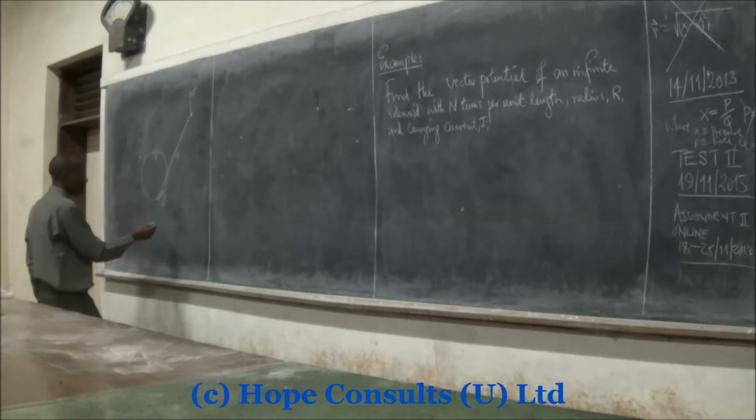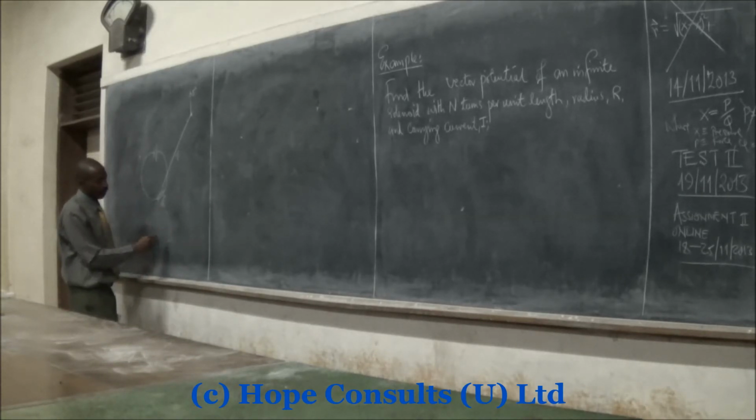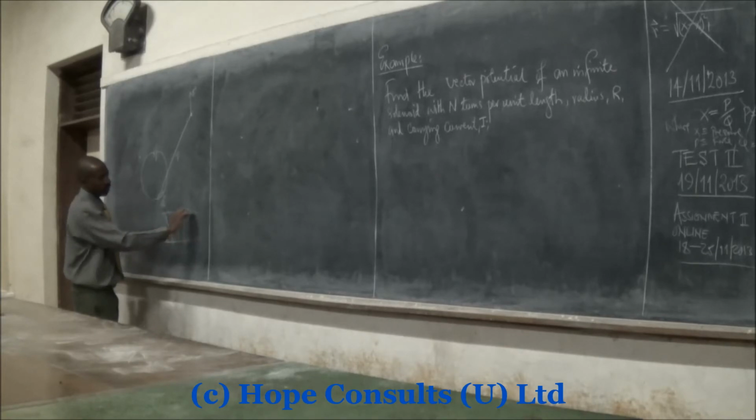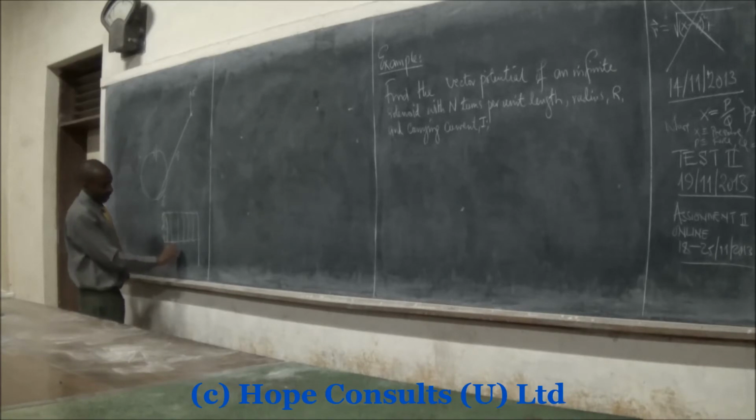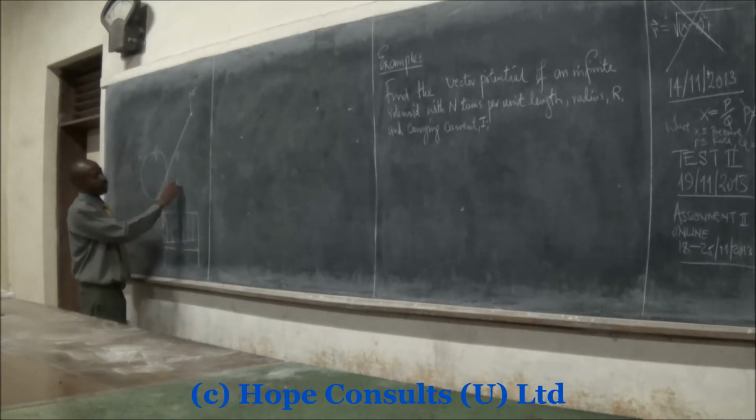So if I wind my wire around this and take it to the other side, if the diameter compared to the length L is such that L is greater than or equal to 10 times the diameter, then this qualifies to be called a solenoid.